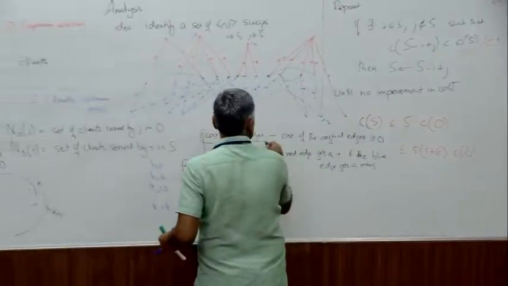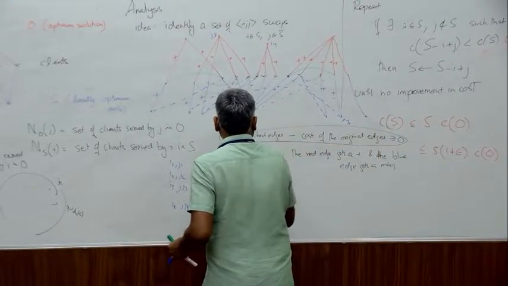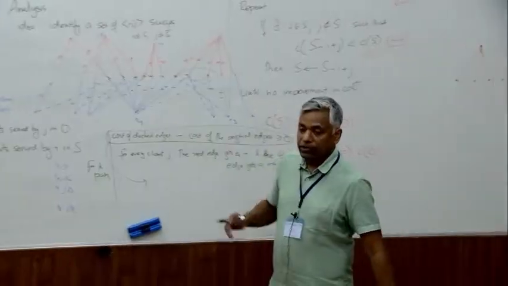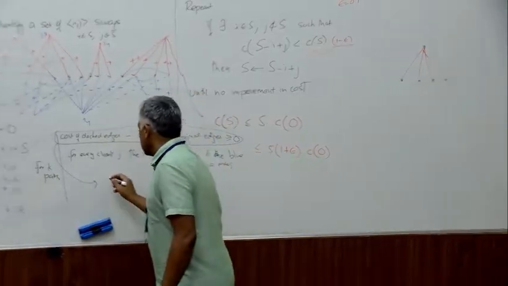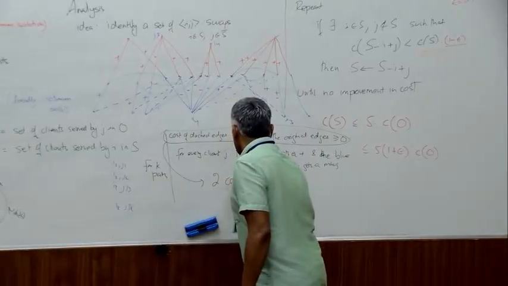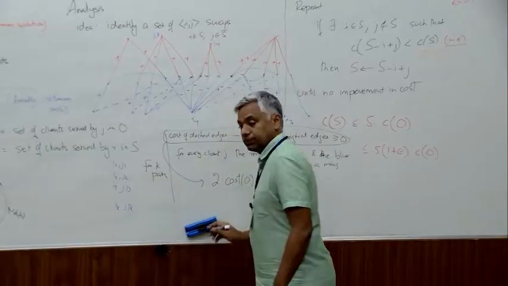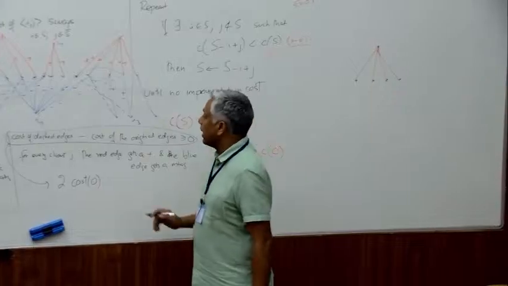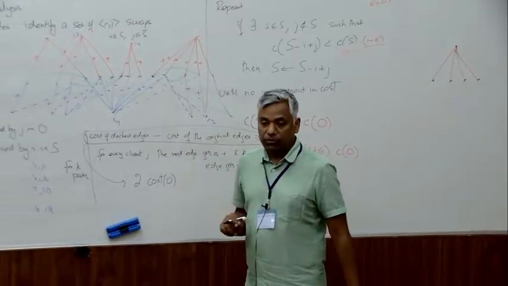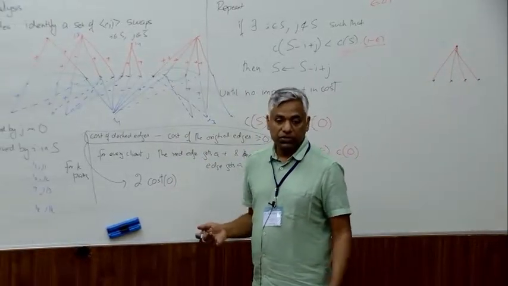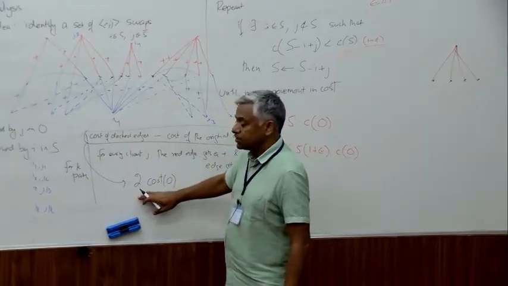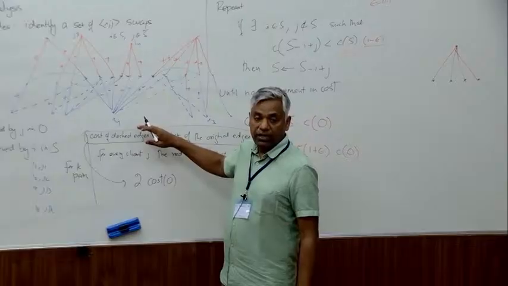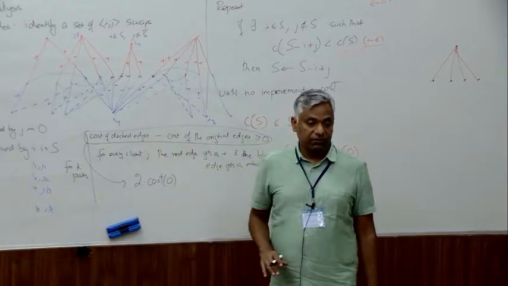If there are two pluses on every red edge, that means 2 times the cost of the optimum solution. And there's a plus and a minus on every blue edge, which means 0. So this part is going to sum up to just this much for all of these reassignments that we are doing.